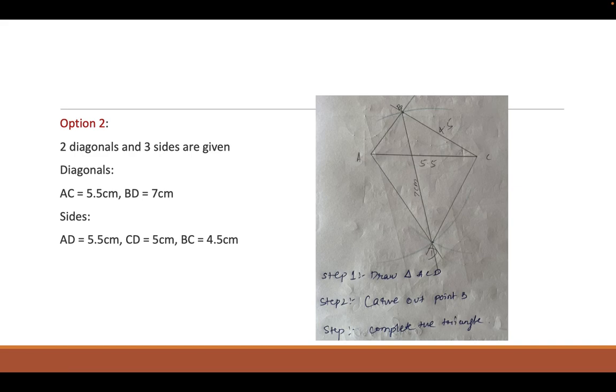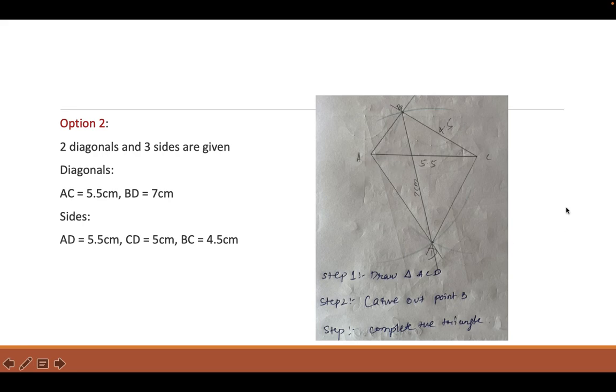Try to draw BD, and then here, by putting the compass here, 4.5 centimeter, you can draw BC. So you will get the point B by drawing an arc of 7 centimeters from D, and an arc of 4.5 from here. You will get B. So the B point is known, then you can join all, and the quadrilateral is formed.